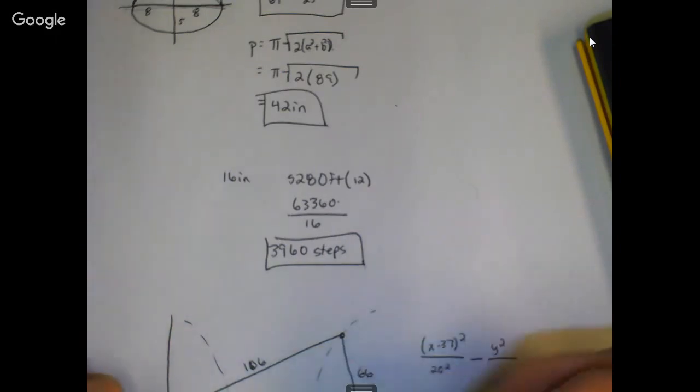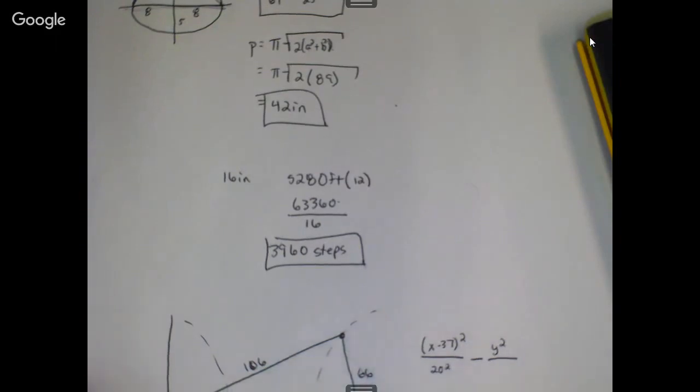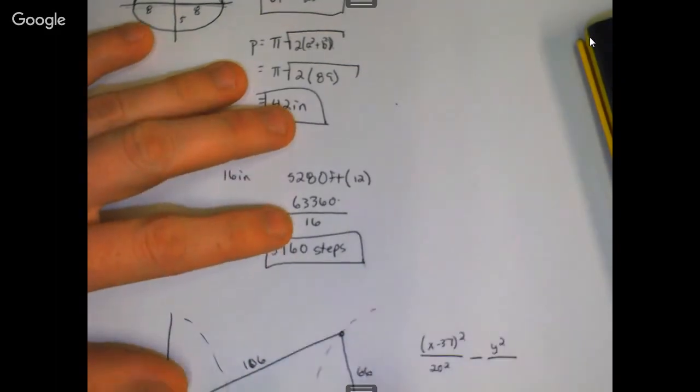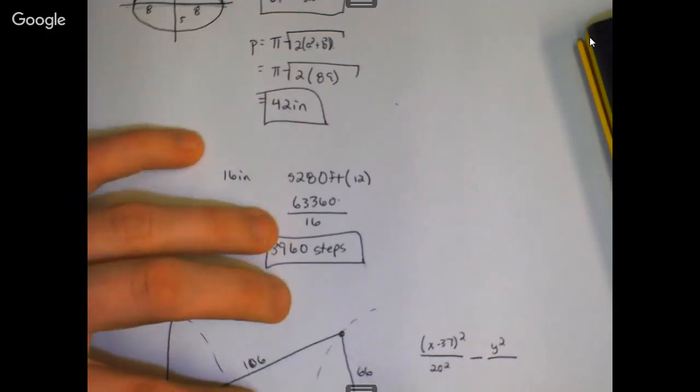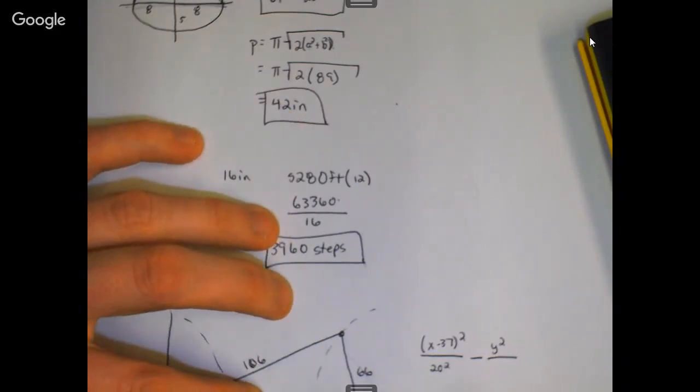Now, b is the distance from here to your asymptote, okay? But I already have a and c. c is from here to here, which was the 37. So a is 20, b we don't know, c is 37.